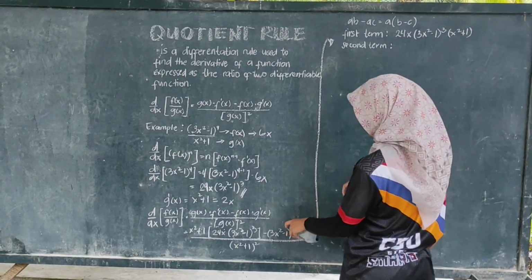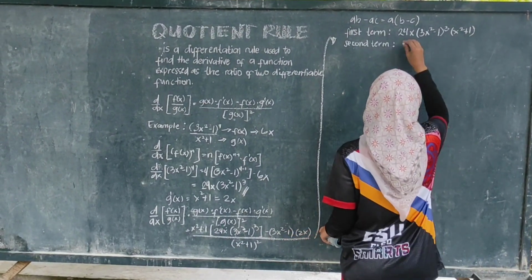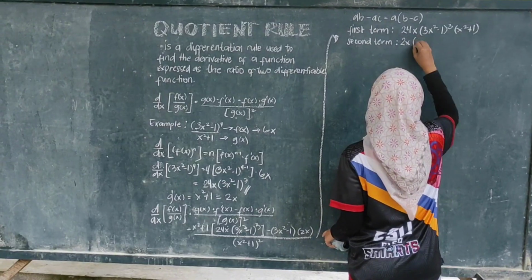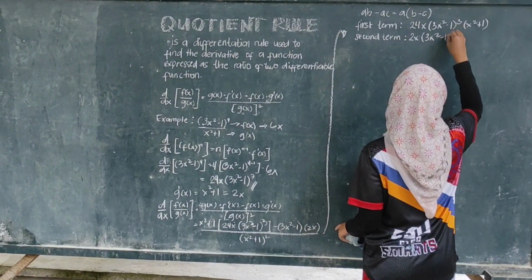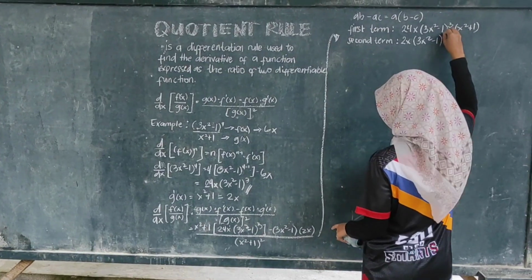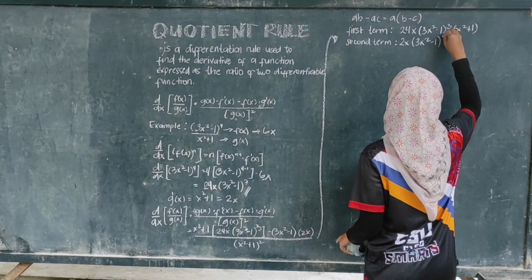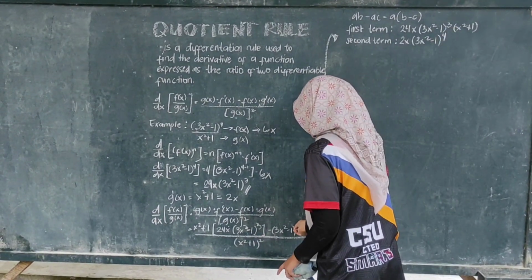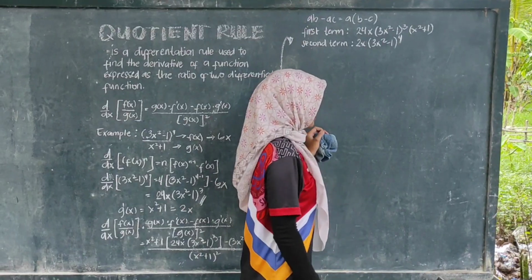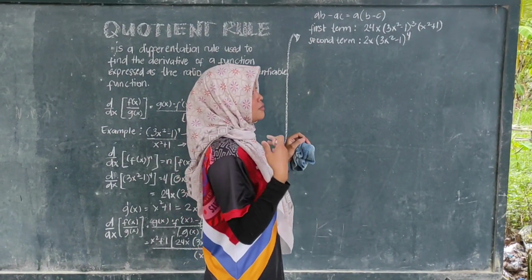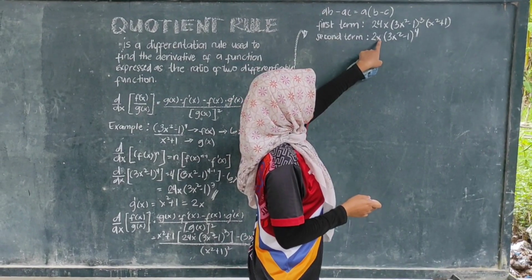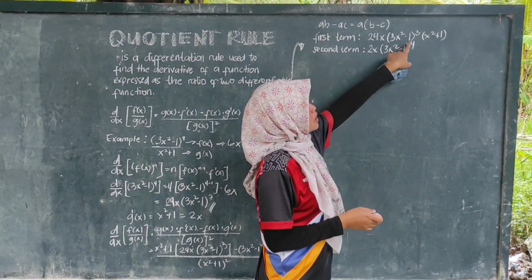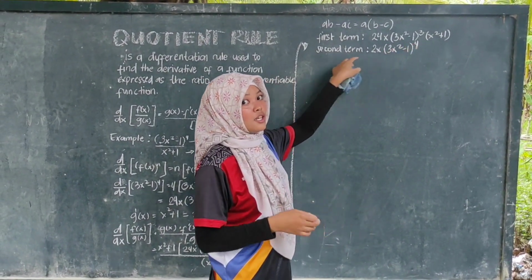And the second term is 2x times (3x squared minus 1) to the power of 4.